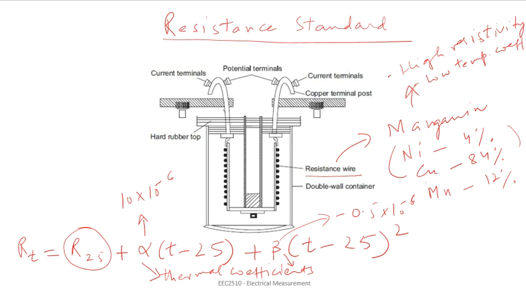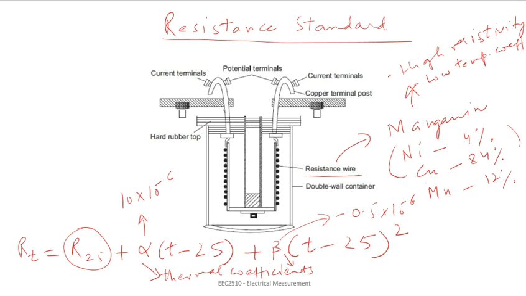4-terminal construction means that 2 terminals are called current terminals, whereas the remaining 2 terminals are called potential terminals. While using this 4-terminal construction, the current is passed through the 2 outer terminals, which are called current terminals, and the voltage reading is obtained from the inner 2 terminals, which are called the potential terminals.